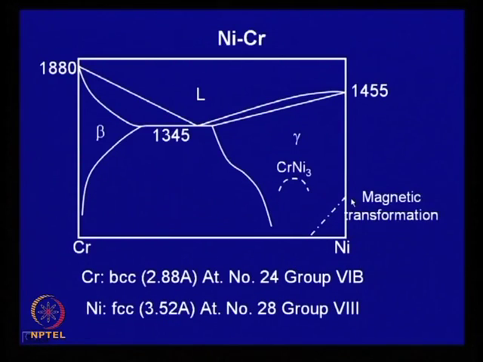Nickel is magnetic, so here you have a Curie point, this line represents the magnetic transformation temperature. Pure nickel is ferromagnetic, but if you add chromium to it, that Curie point comes down, and on this side it is no longer magnetic.